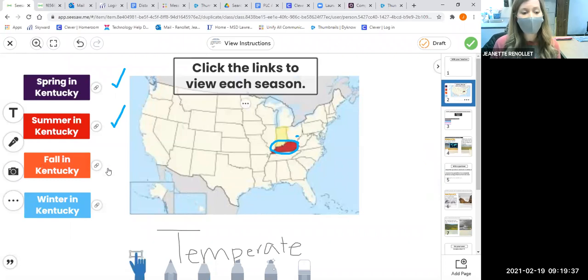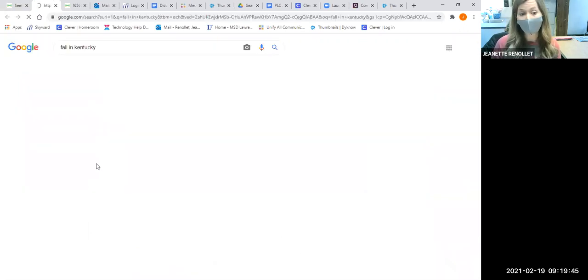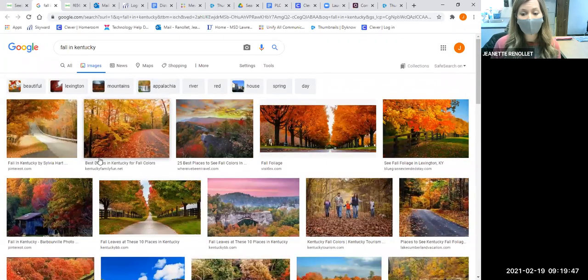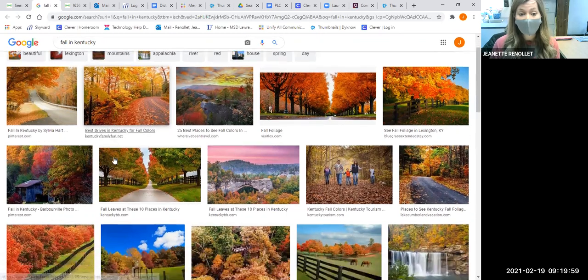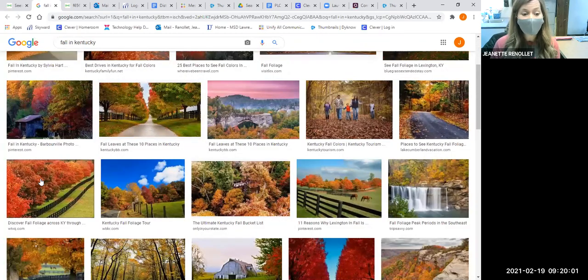Next, go ahead and click on the orange, fall in Kentucky. Let's see what the fall season is like in a temperate climate. I see pictures that remind me of Indianapolis. In a temperate climate, we have 4 seasons. In fall, I notice that the leaves start to change.